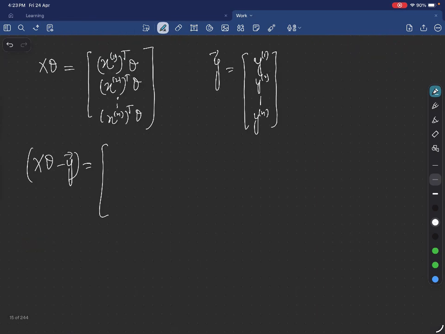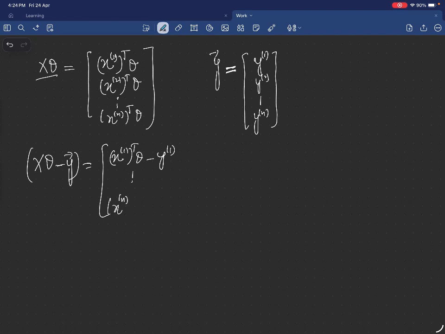Now that we have got our matrix x theta, the matrix of y will be equal to this. This is the matrix of output variables. Now, if we calculate x theta minus y, we will get x1 transpose theta minus y1, and so on up to xn transpose theta minus yn.